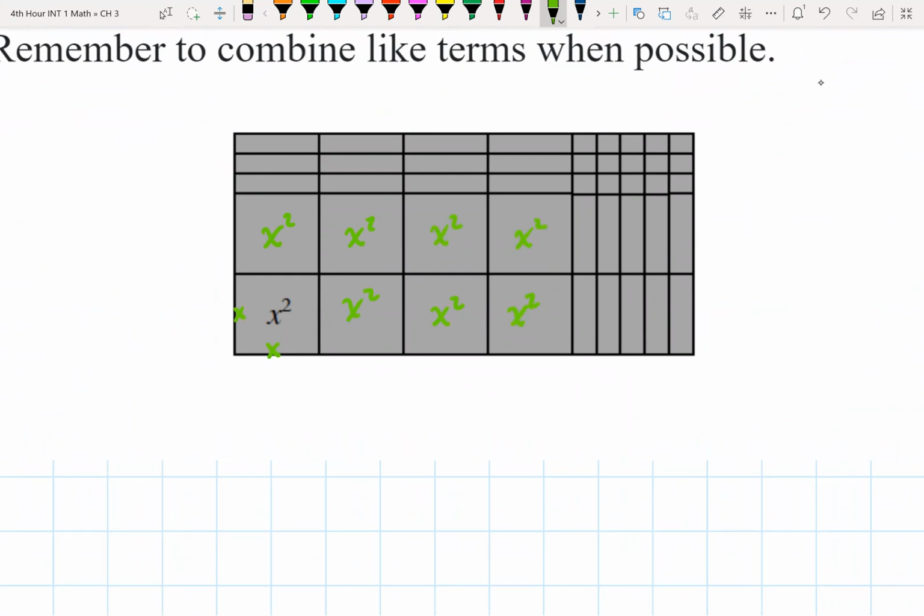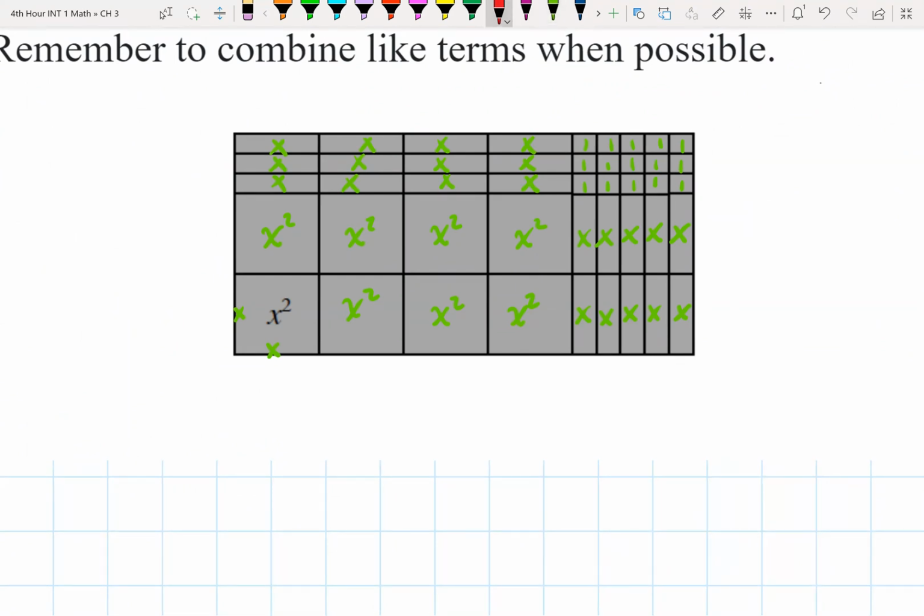All of these are x tiles, or 1 by x tiles, and so are all these, a whole lot of those. And these are all individual 1 by 1 tiles, so their area is just 1. The x tiles are 1 by x, so their area is x.